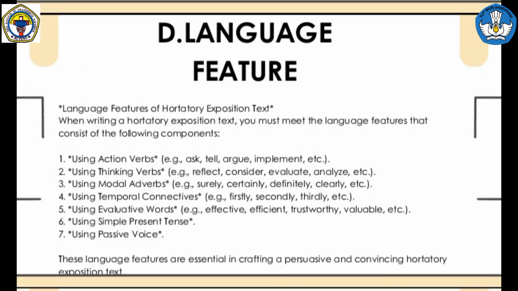Language features of hortatory exposition text. When writing a hortatory exposition text, you must meet the language features that consist of the following components. 1. Using action verbs, e.g. ask, tell, argue, implement, etc. 2.